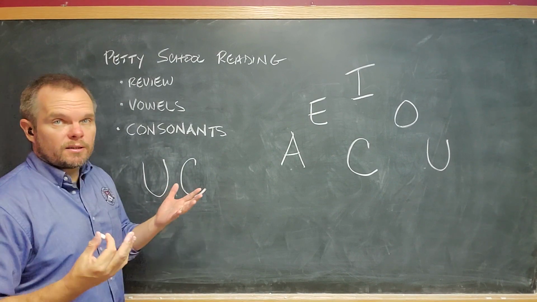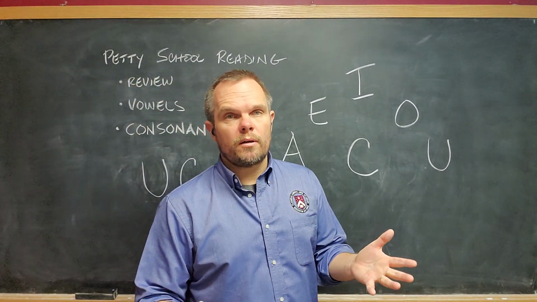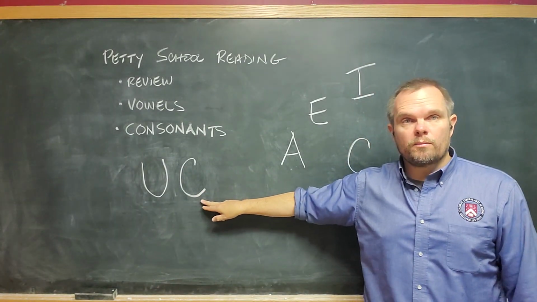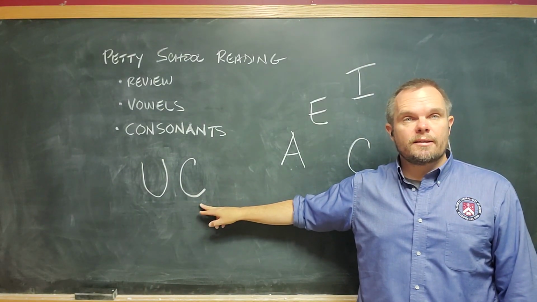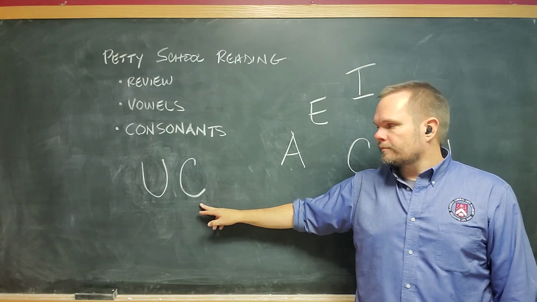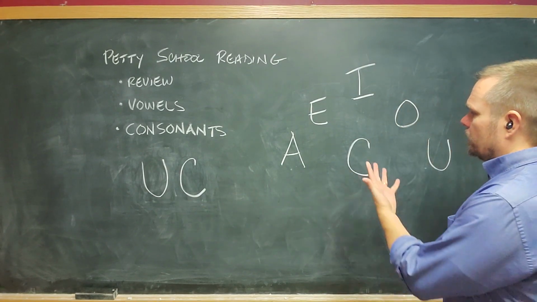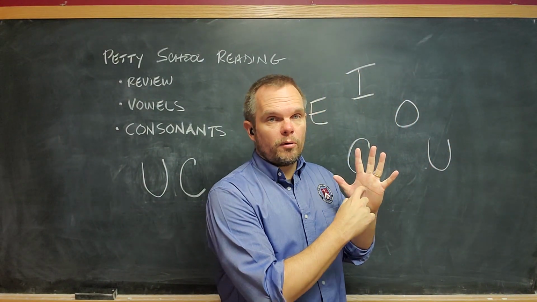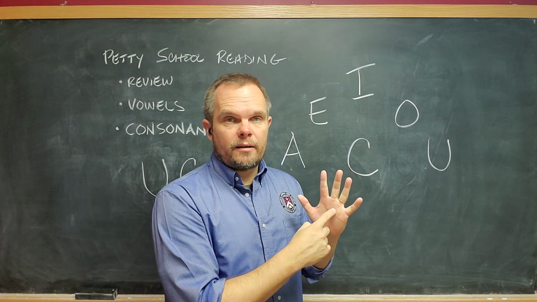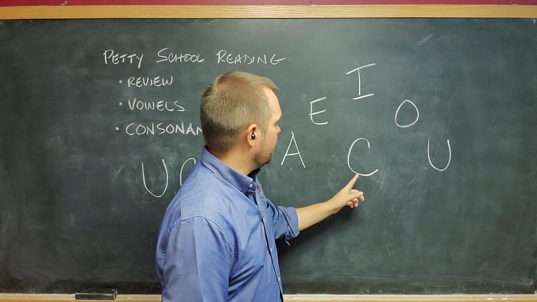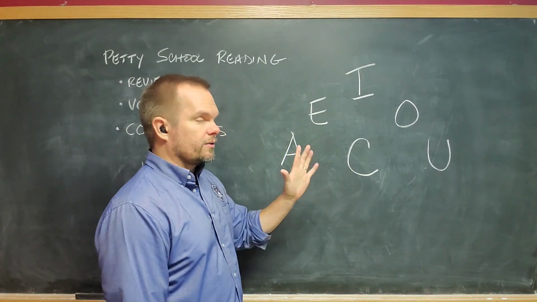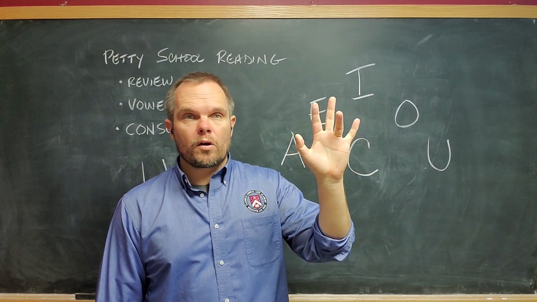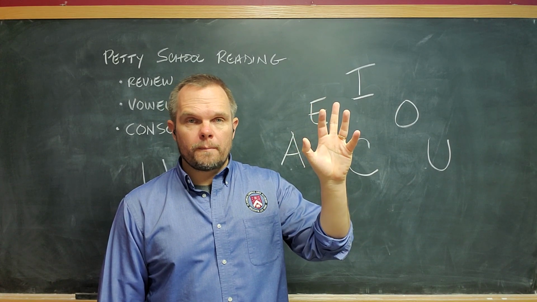So that gives us 10 new syllables in this lesson just by adding one more consonant, the consonant sound k. Using our hands again, imagine we put this symbol for the sound k in the middle of our hand, and then we read using our fingers: ka, ke, ki, ko, ku.